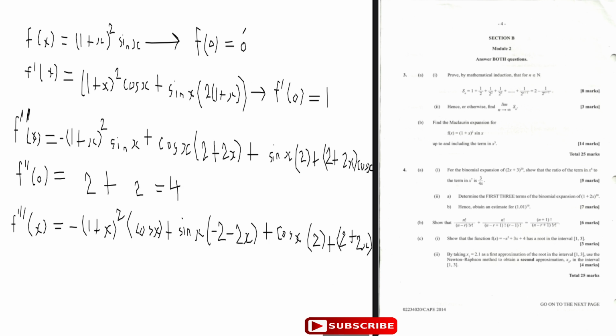All right, let me write it down. Carry it down here, plus keep the second, times the derivative of the first, and then when you differentiate cos x, you get minus sine.